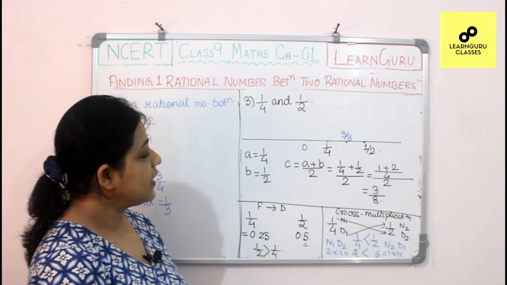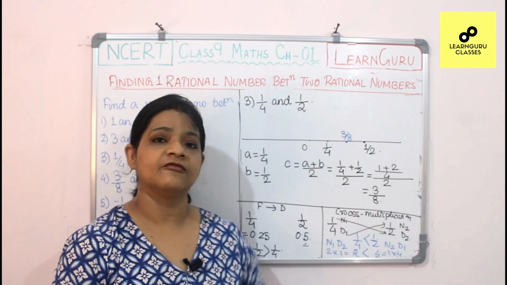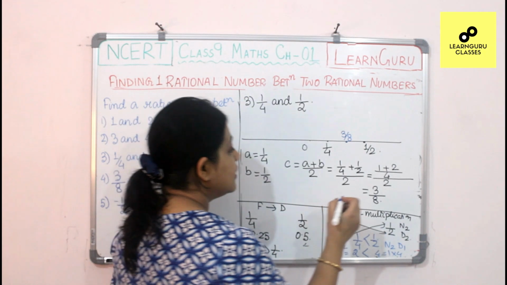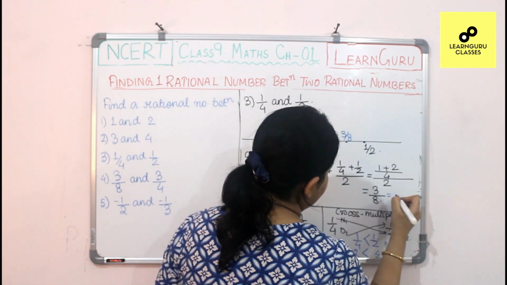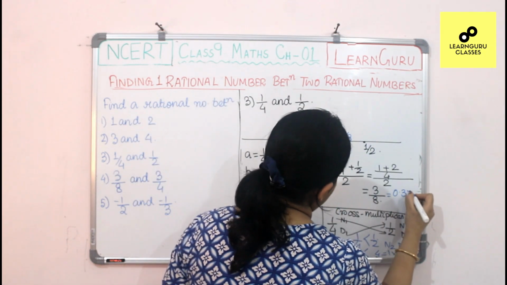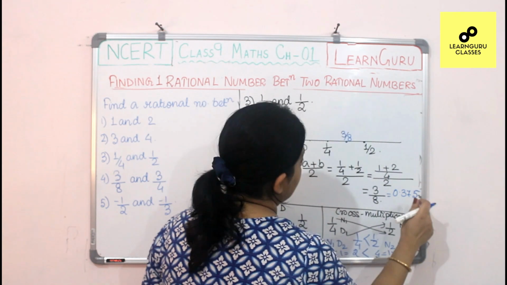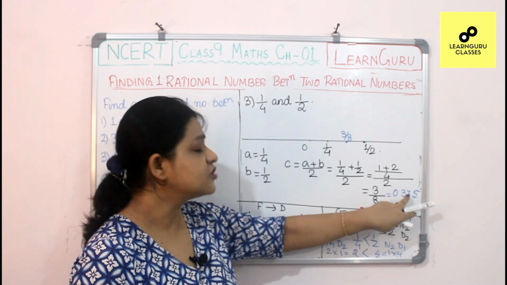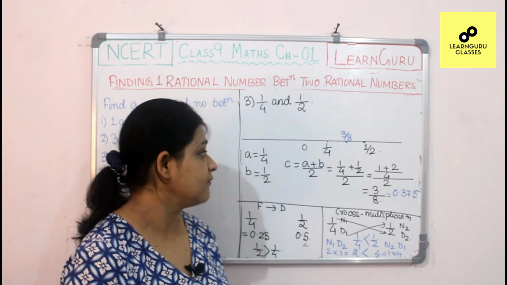Okay. Now you can keep it up to this, or you can convert it into equivalent decimal expansion. Like 3 by 8 is roughly 0.375. I am not going into the mathematical calculation. I know the decimal expansion, that is 0.375.